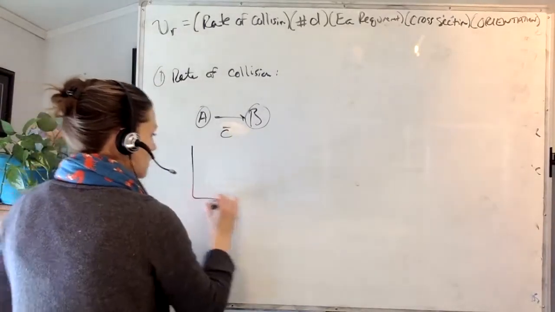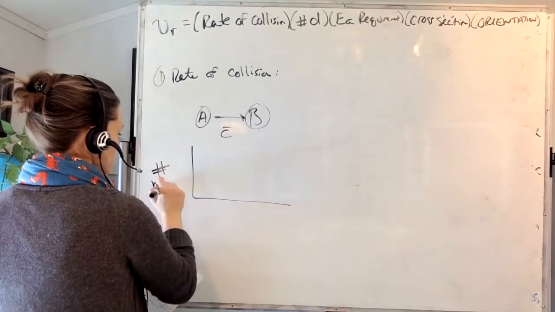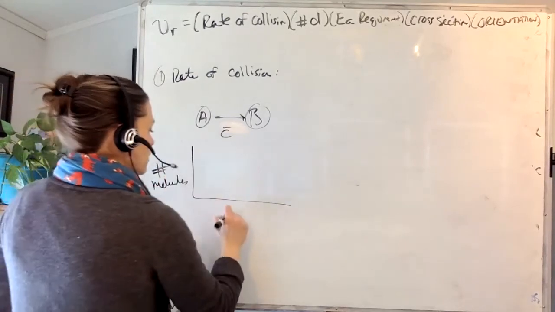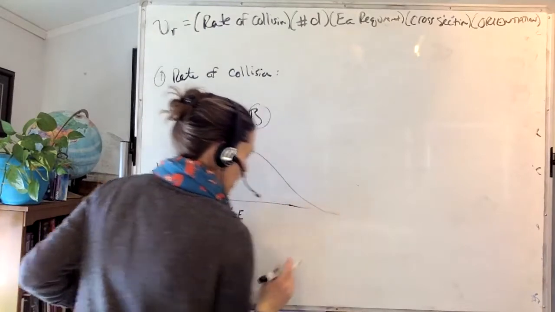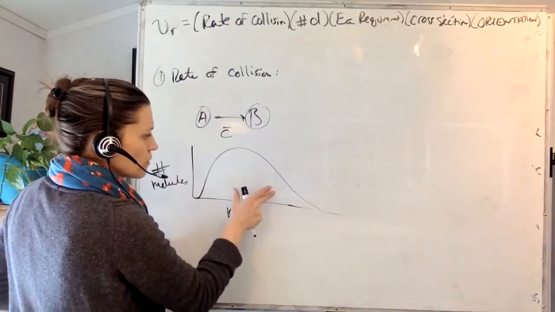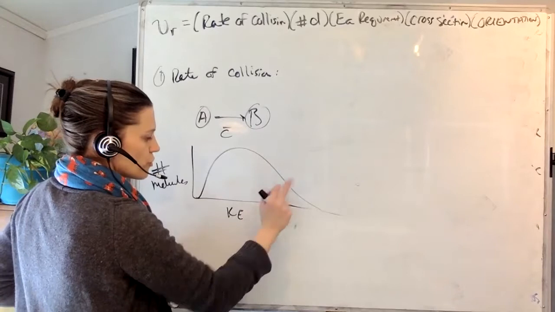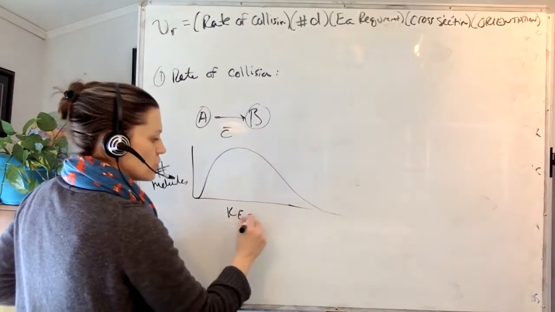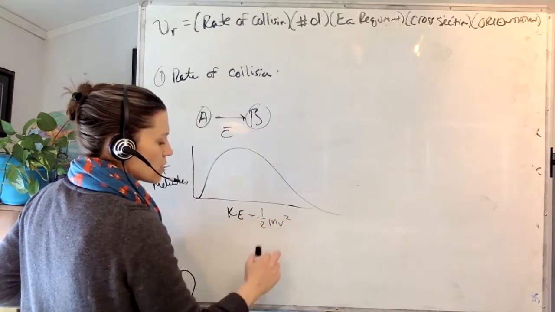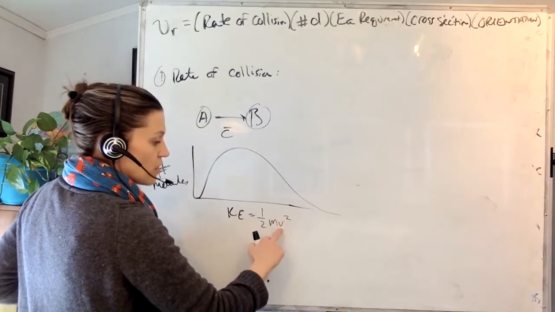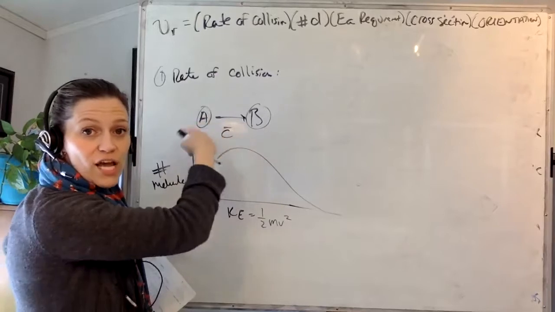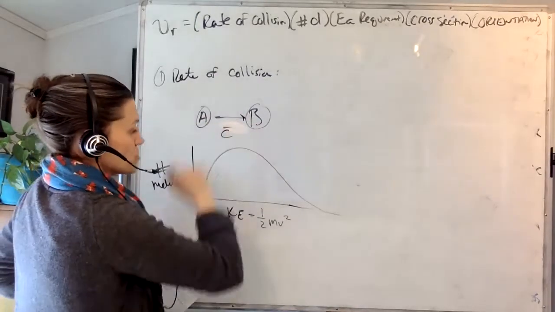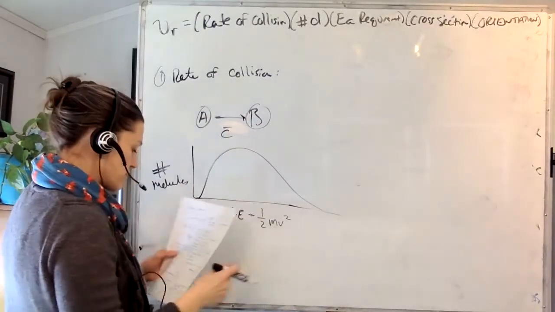In particular, the number of molecules or particles versus kinetic energy, and I talked a little bit about this with reaction kinetics. This distribution represents the kinetic energy, which is 1/2 mv squared. And so this velocity is the speed at which A hits B or approaches B.